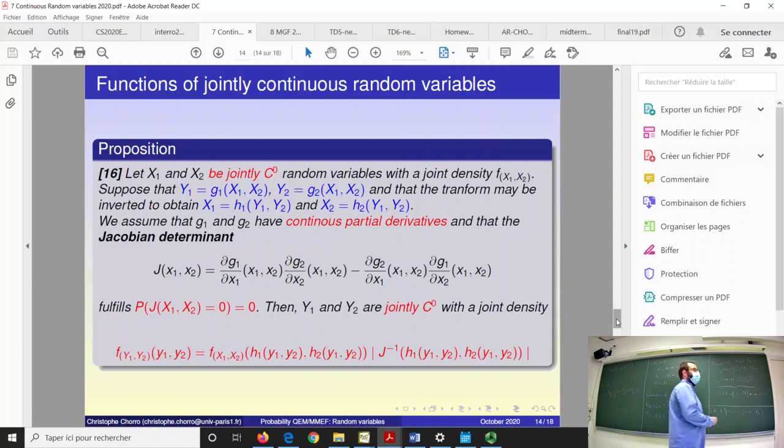So at home, you can try to apply to this transform here. So you have here, okay, with my notation, g1 of x1, x2, that is equal to x1 plus x2. You have g2 of x1, x2, that is equal to x2. You can try to apply this, okay, in order to obtain the joint density of the pair, okay, by proposition 16.